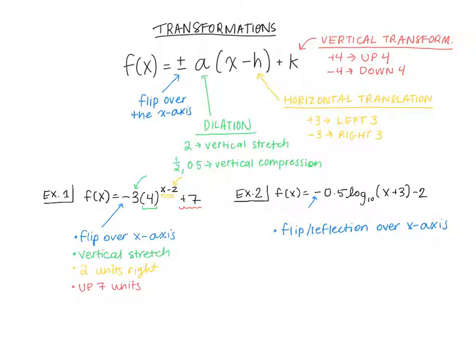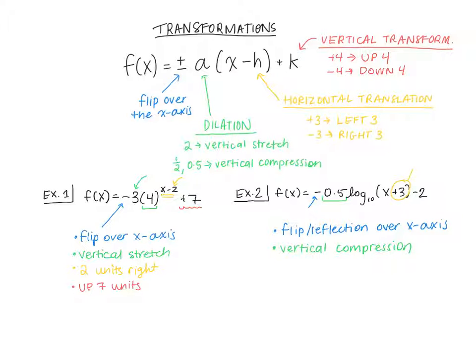The 0.5 I notice is outside of my log, and it's a decimal, and so I know that that means I have a vertical compression. I also see that I have this +3 that is inside my group.